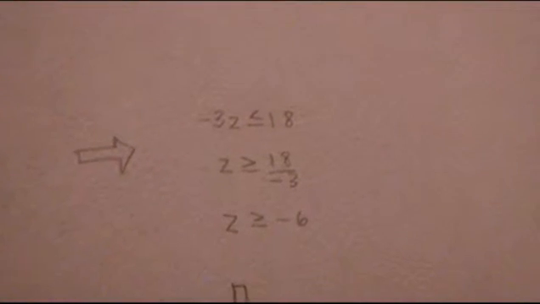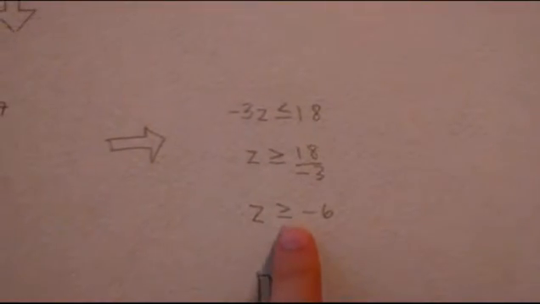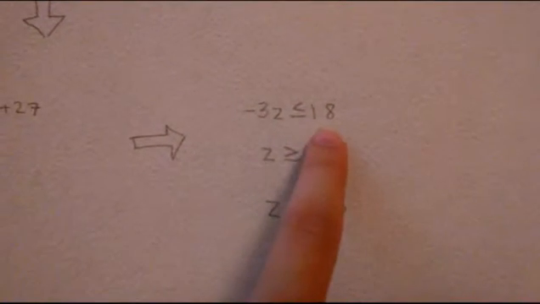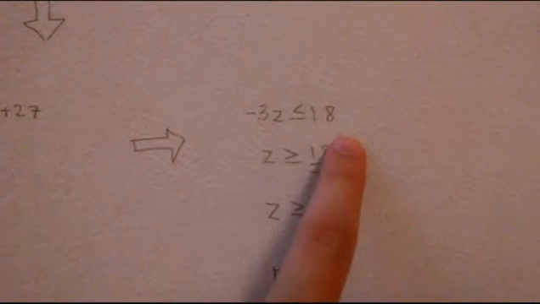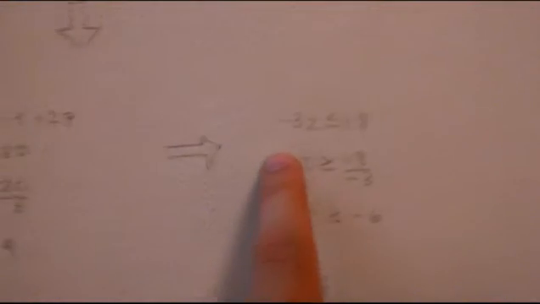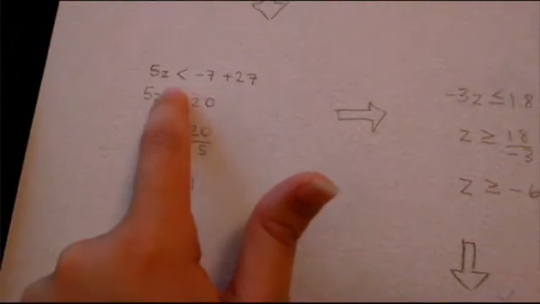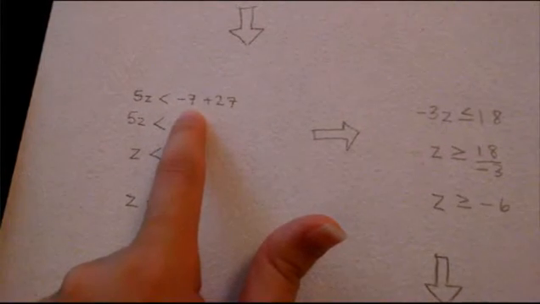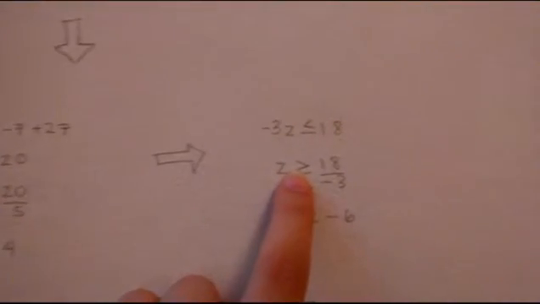Something you have to remember is that the sign only changes when you have to divide or multiply by a negative. It doesn't change when you subtract or add a number, just when you divide or multiply.